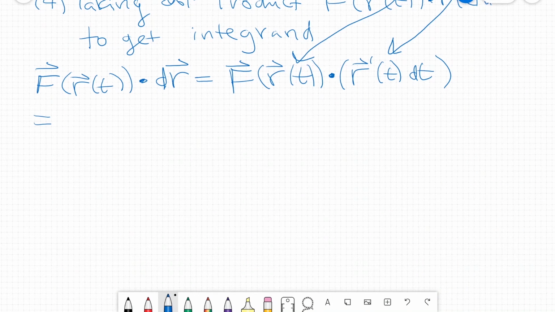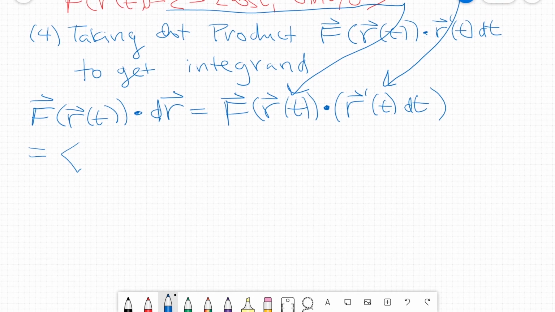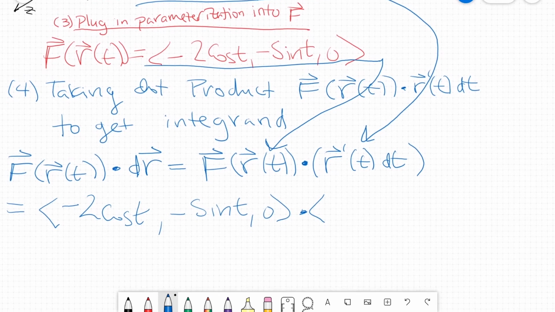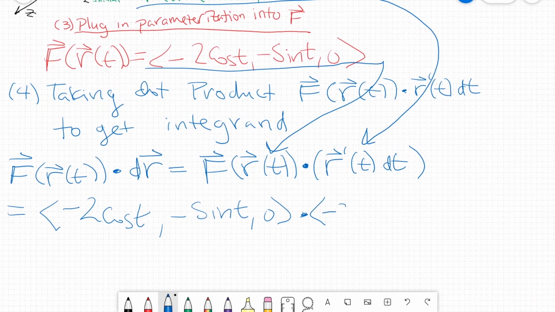Then the above term will equal our f of r of t, which is negative 2 cosine t, minus sine t, 0, dot our velocity, r prime of t, which is negative 2 sine t, cosine t, 0, times dt.